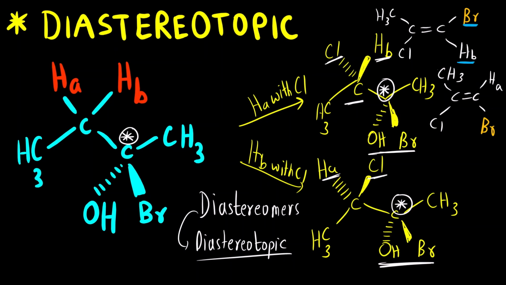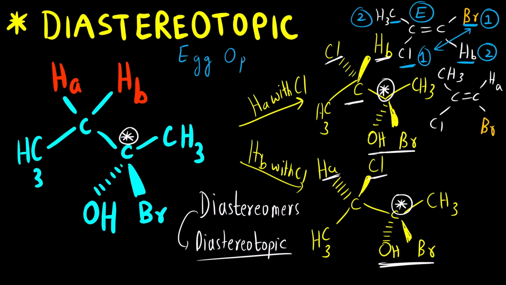First assign the priority. Bromine and hydrogen: which has the higher atomic number? Bromine, so 1. Hydrogen has lower, so it will be second priority. Between carbon and chlorine, which has the higher atomic number? Chlorine, so 1 and 2. You can see the higher priority groups are on the opposite side, so it will be E. I told you one trick to remember: egg open.